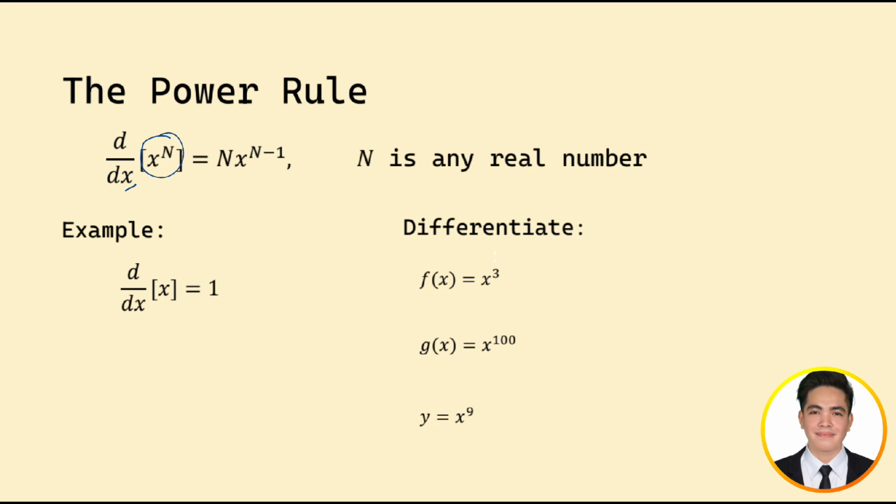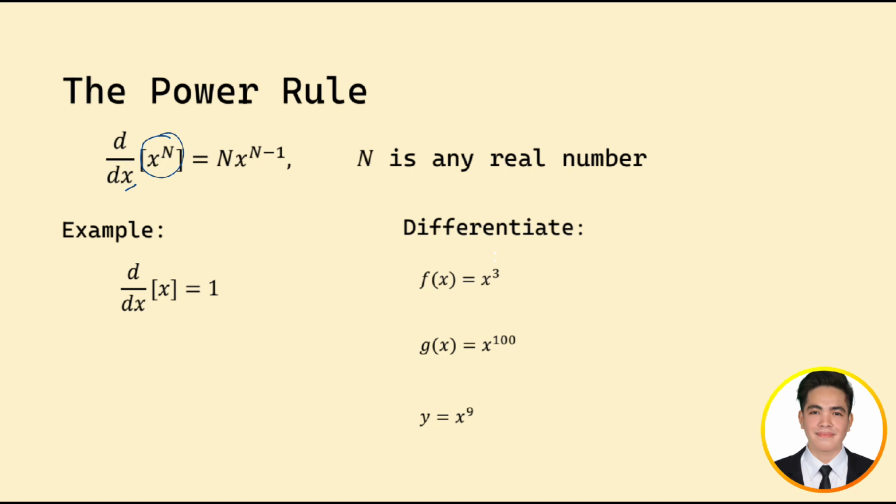So, ang ibig sabihin lang ng power rule is you move the exponent, which is n, gagawin mo siyang coefficient in front of x, and then kung anong power yon, ima-minus mo siya sa 1, always 1.